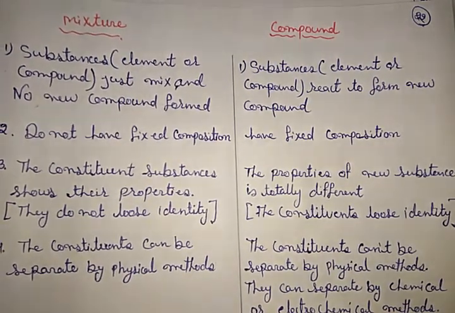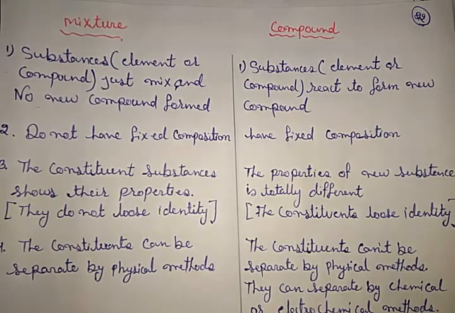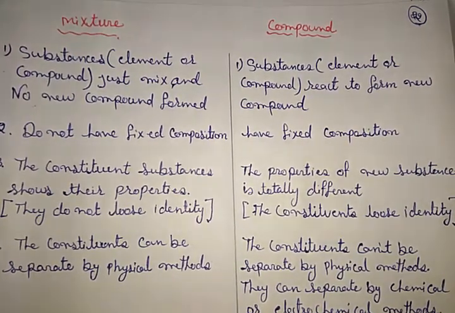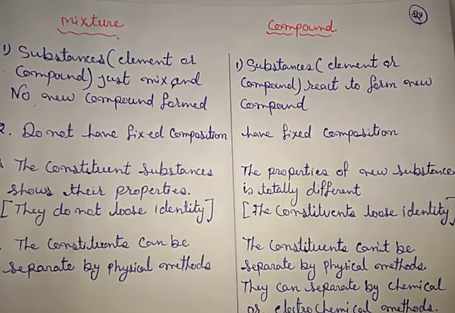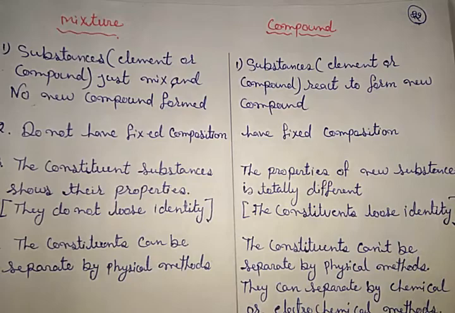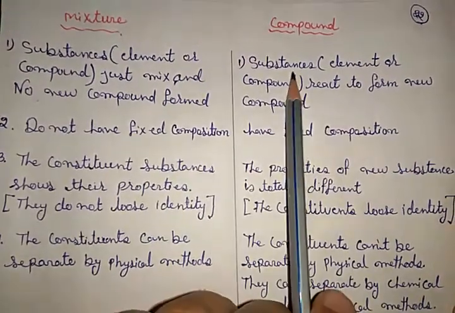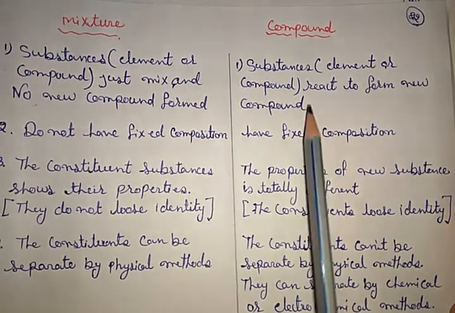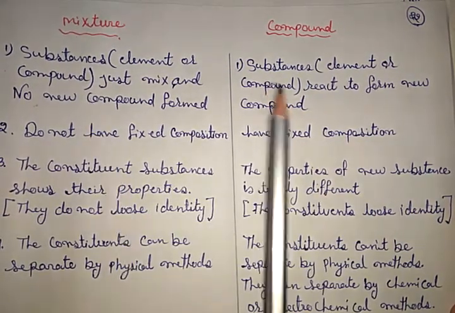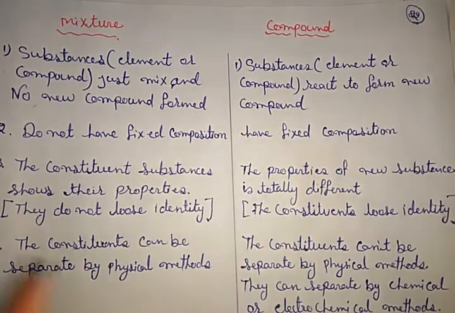As we discussed in the activity, the first group, which is a mixture, has no new substance formed, because if a new substance had formed, the mixture would not give the properties of iron and sulfur separately. Got it? But in a compound, substances, either elements or compounds, react to form a new compound or new substance. Here no new substance is formed, here a new substance is formed.